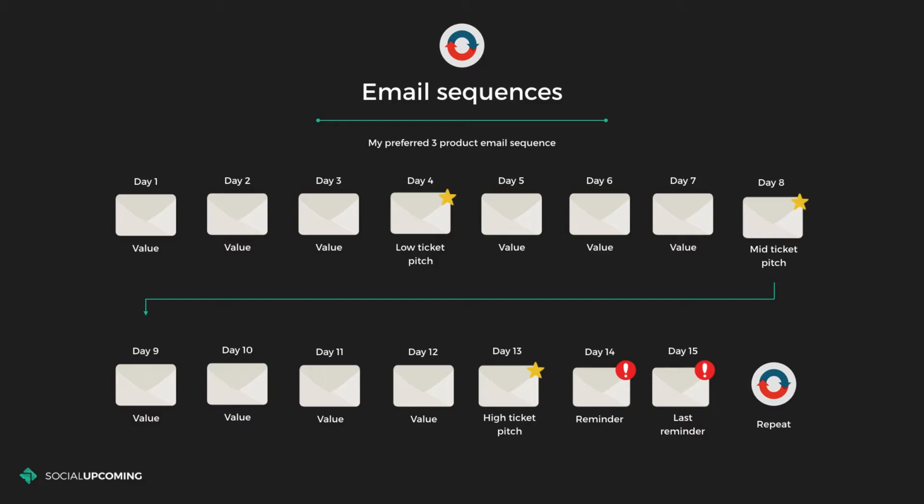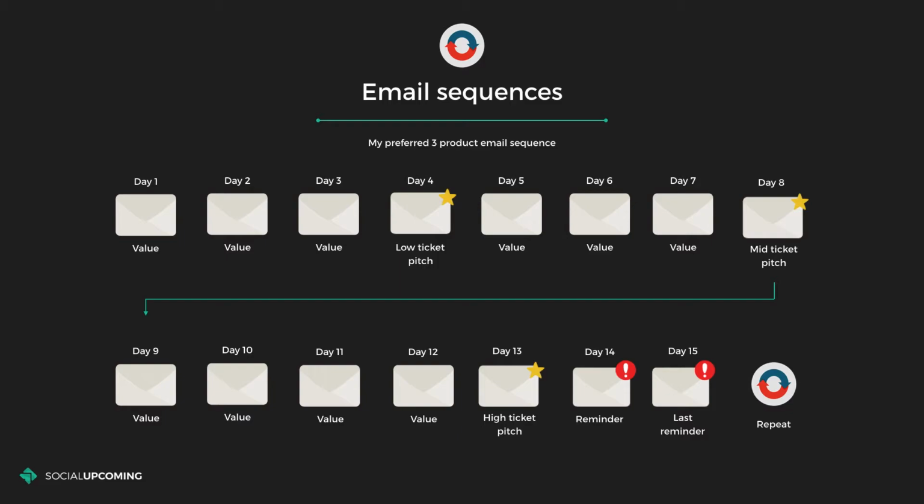The price for a low ticket product is between $4 and $19. So you could try $4, $5, $9, $12, $14, $17, $19, whatever, between $4 and $19. That's a low ticket product.